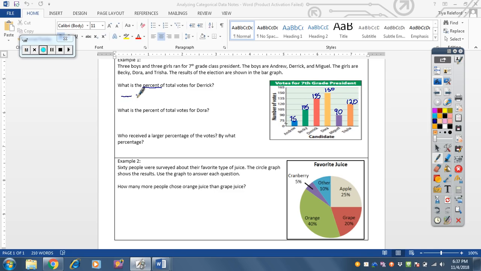So, percent goes over 100. Derek is 135 votes. What is my total? Right? I'm going to add them all up. So, hit pause, add those together real quick.